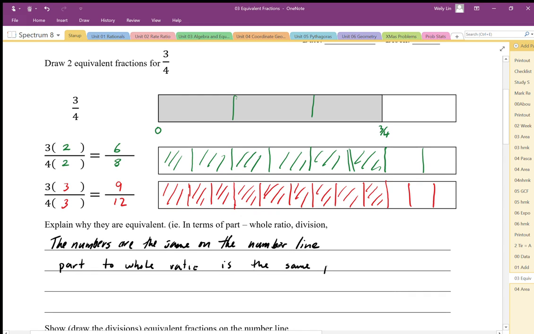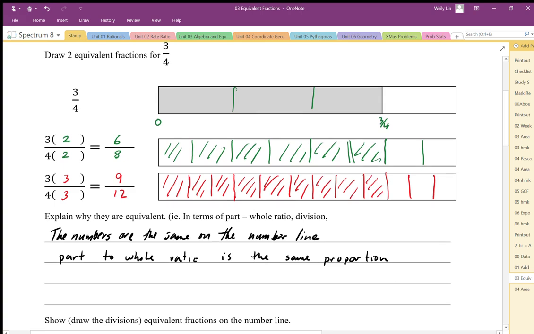That's an important word, proportion. Okay. We can also say that when we divide the two numbers, we get the same decimal. Okay, when we divide, we get the same decimal. So there's lots of reasons why these fractions are all equivalent fractions.